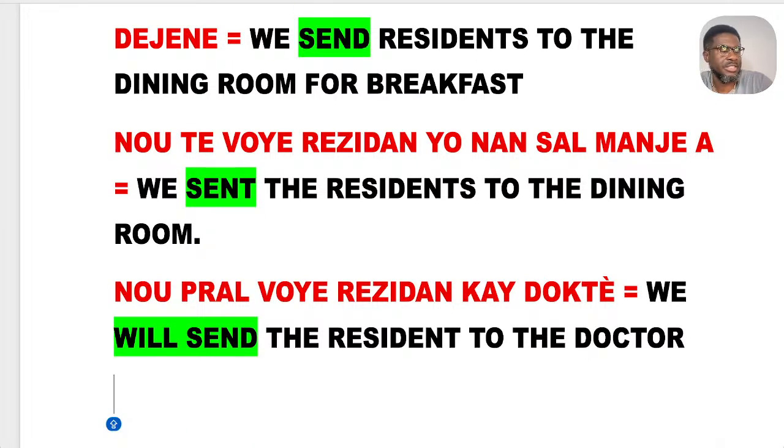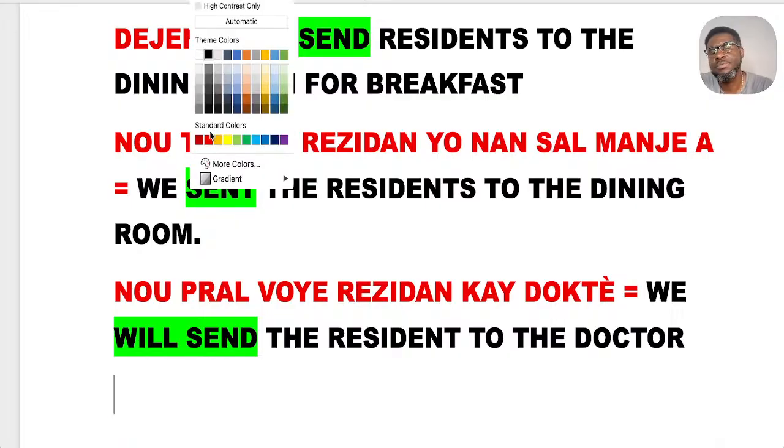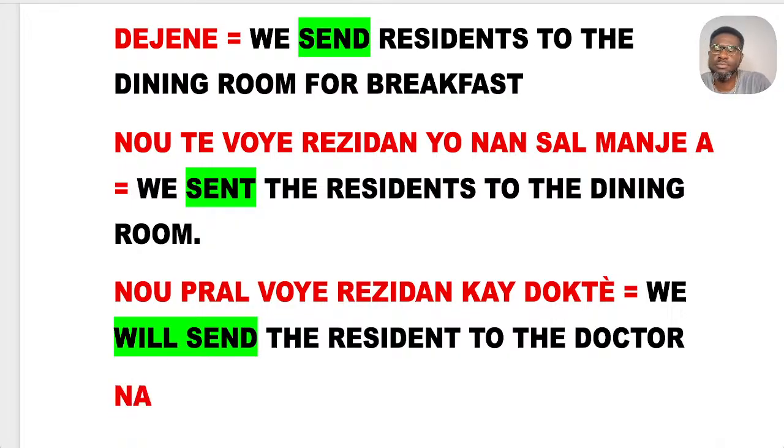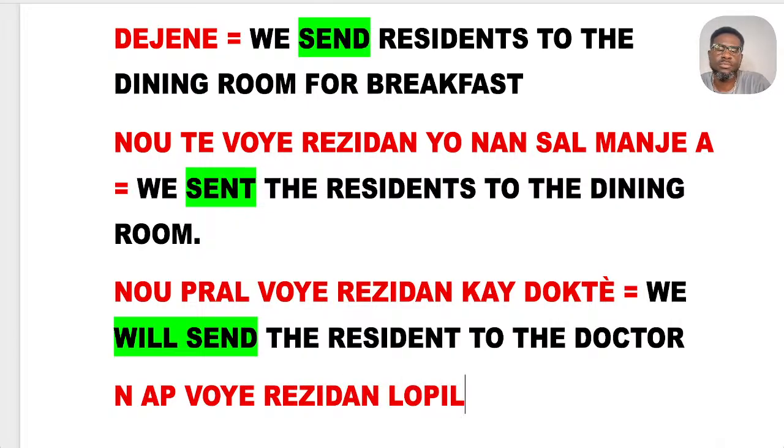All right? Now, present continuous. Nap voye resident l'hôpital. Ok? I just need to say now, we are just focusing more on the form. Ok? So, if I say nap voye resident l'hôpital, okay? So, we are sending.